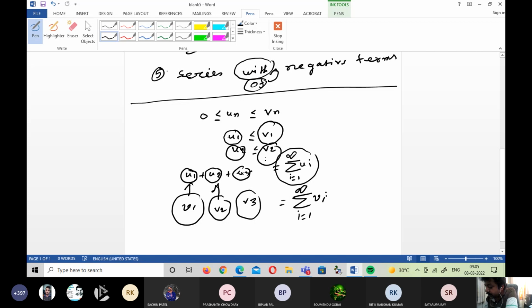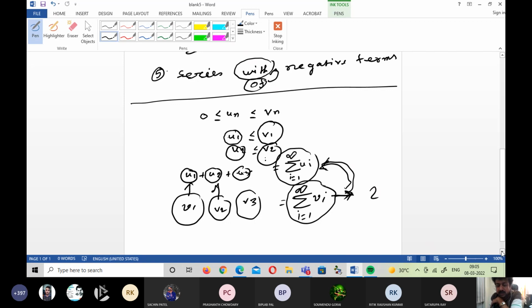Then obviously if this sum converges to a finite limit L, then the smaller series also converges. This is known to all of you? Yes, then I shall proceed.